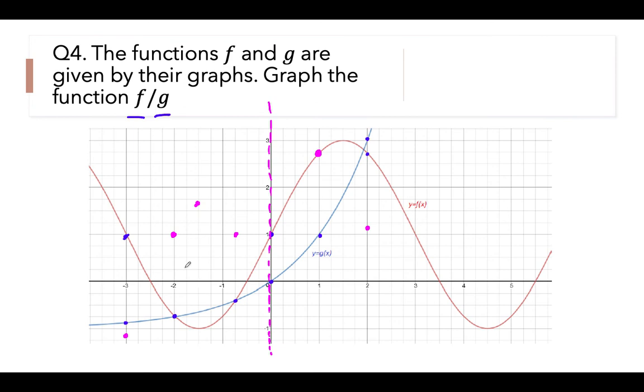Okay, so now we can connect the dots. So it looks like it's going down this way. And it's going to go down this way. But it's going to approach the asymptote, not go across it. Same thing here. We know that it's going to be this way, and it's going to decrease.